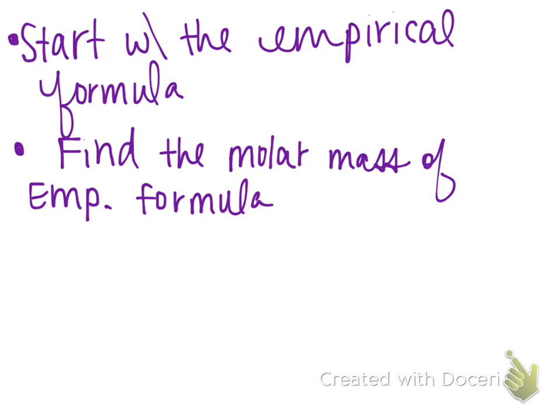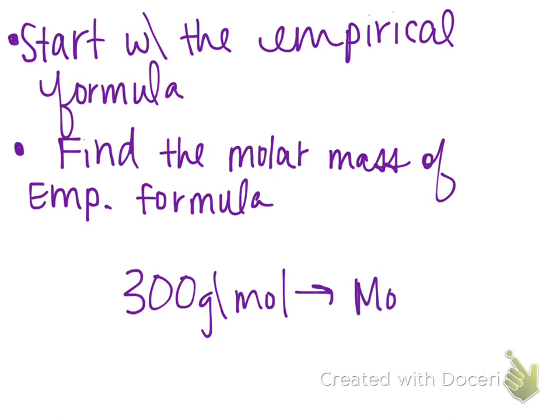It might say, we have an unknown compound that has a molar mass of 300 grams per mole, right? And so this would be the molar mass of the molecular formula. So what we're going to do is look at how the molar mass of the molecular formula compares to the molar mass of the empirical, and then we'll be able to distribute that ratio throughout.